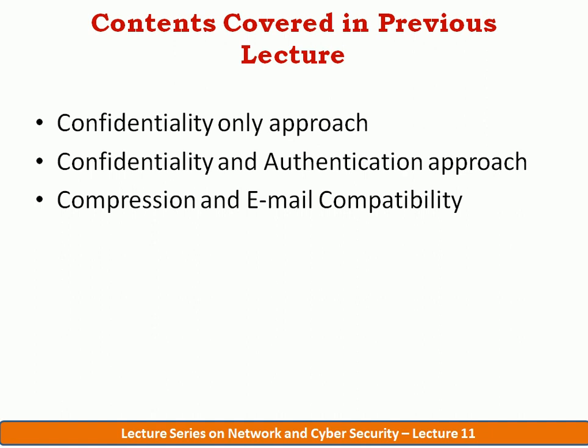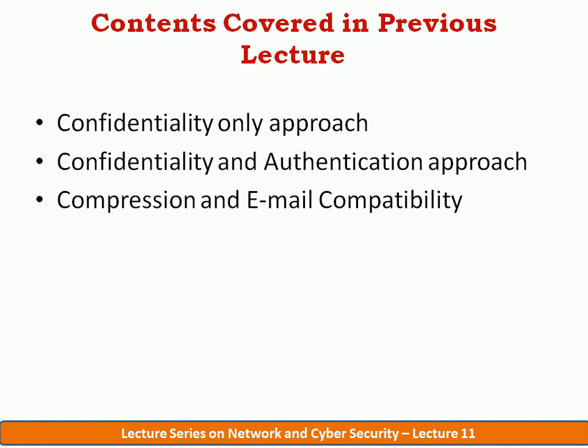We also discussed the compression that PGP uses, what the algorithm is, and where this compression should be applied, after which operation and before which operation. We discussed that after the authentication we apply the compression, that is the ZIP algorithm, and then we go for the encryption of the compressed message.